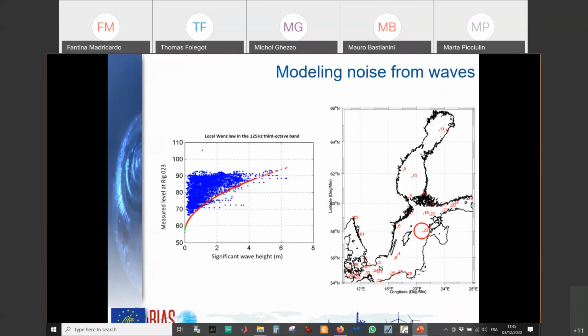Above that, you may not see any correlation. So it's good to do it band by band. If you do broadband, which is what Antonio did, the correlation will not be as good as at one band, because at some frequencies you don't have correlation, so it will degrade your correlation.